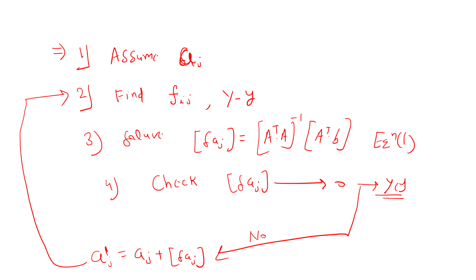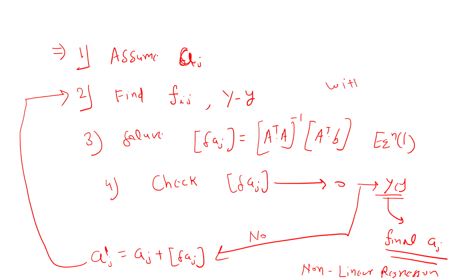If it is yes, then we have the final Aj's, and if we have the final Aj's, we have the nonlinear regression. So this we will understand with an example that I will give in the next video, since this video has become longer.